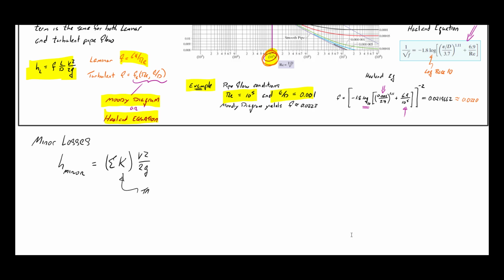There'll be one of these values for every elbow, expansion, contraction, or valve in the system. These coefficients all just get summed together, and they end up multiplying V squared over 2G, and that gets added into our loss term in the energy equation. All right, so we'll look at a couple of examples, but for right now, we've done the major bit of the analysis.